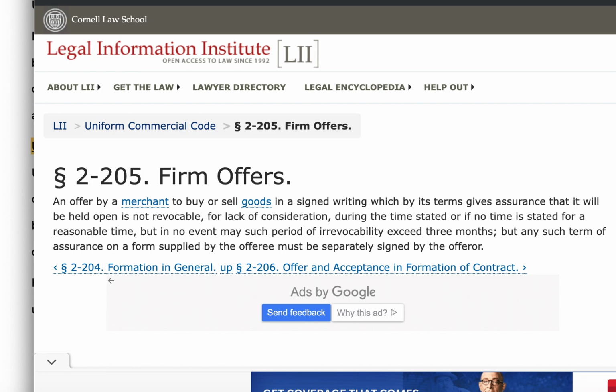But in no event may such period of irrevocability exceed 3 months. But any such term of assurance on a form supplied by the offeree must be separately signed by the offerer.